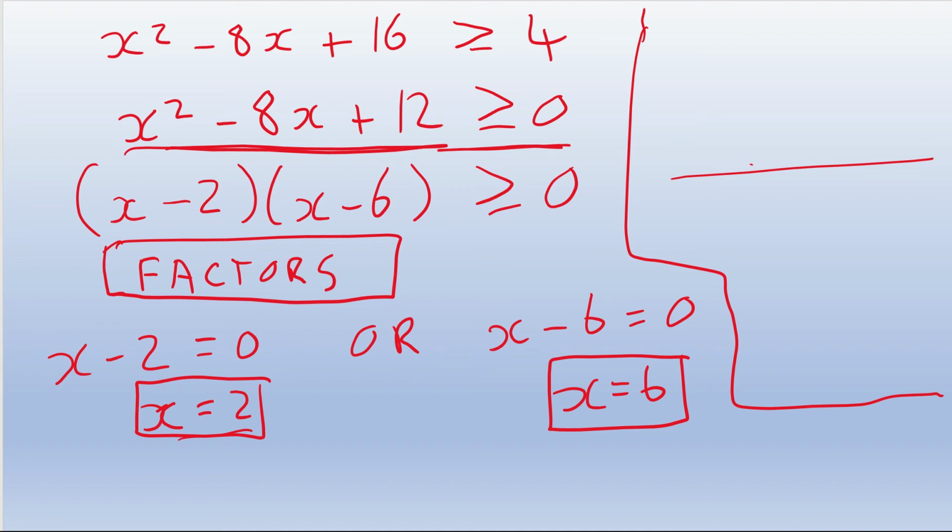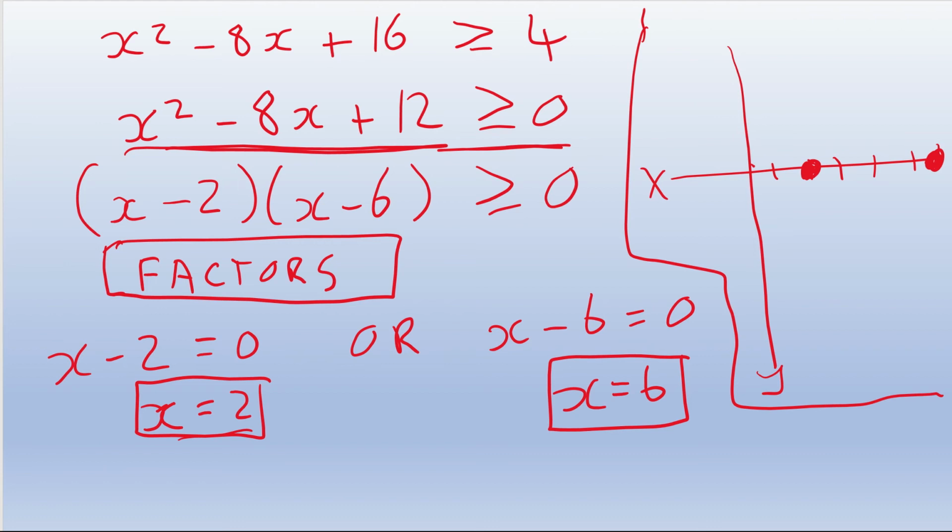So let's go 1, 2, 3, 4, 5, 6. So x is equal to 2 and x is equal to 6. I know that my graph is going to cross my x-axis at those 2 points, and this is my y-axis.